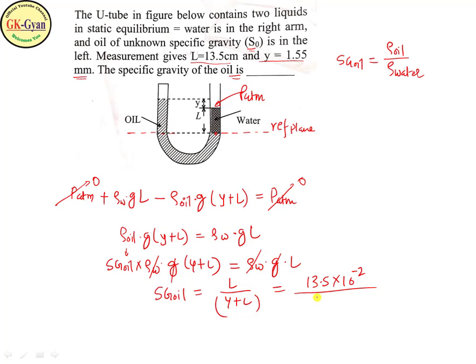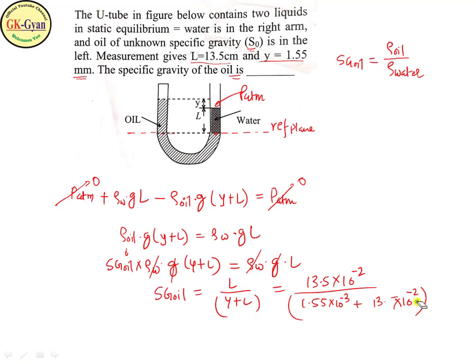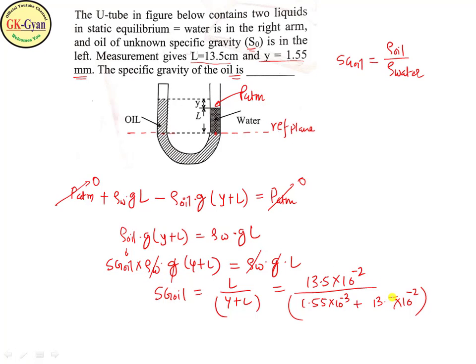Then Y is given as 1.5 mm, 1.55 into 10 to the power minus 3 mm plus L, once again 13.5 into 10 to the power minus 2. So calculate this value. You will get the Hg of oil then.